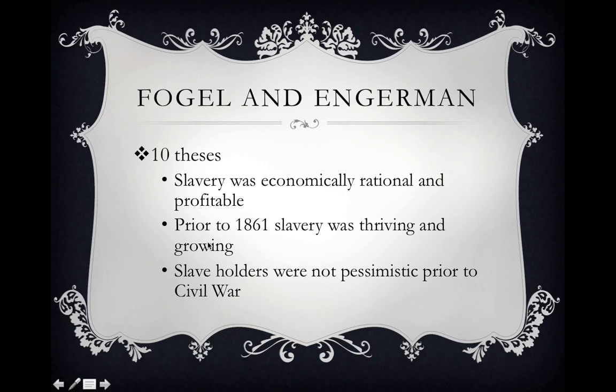So slavery was thriving. Their argument that it was thriving goes to that argument I mentioned previously, where people said slavery was dying because the price of slaves was increasing for pretty much the entirety of the 1800s leading up until the Civil War. Well, their argument is that the reason the price was going up is because demand was going up.